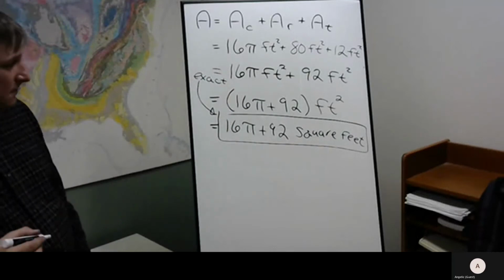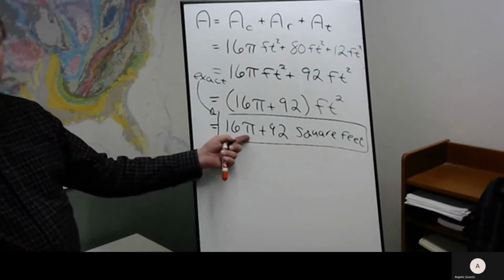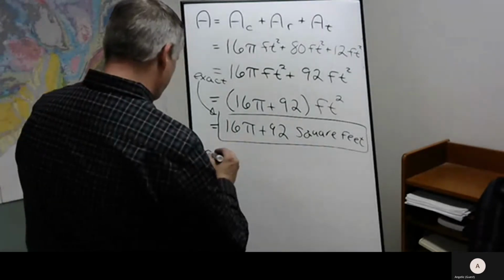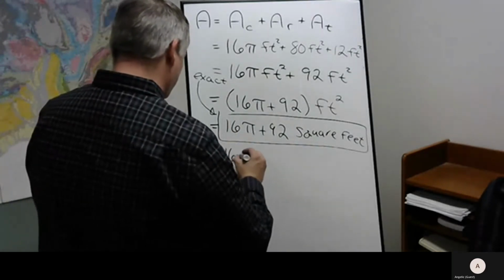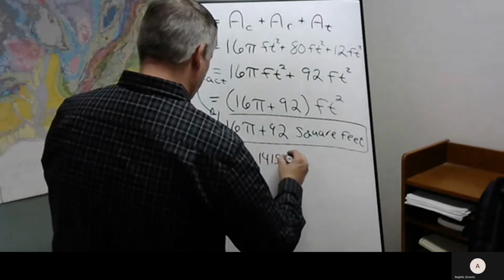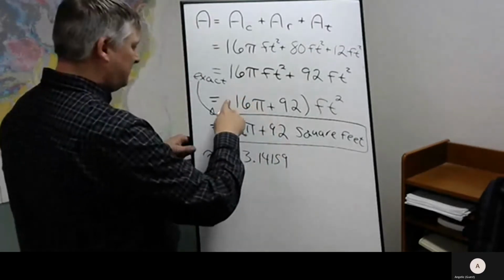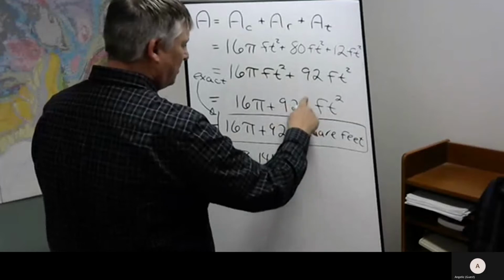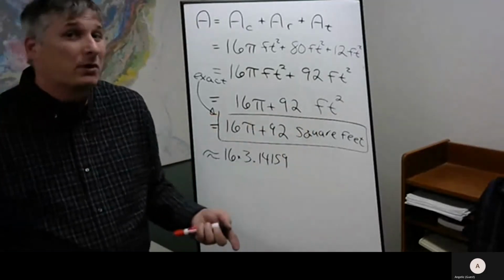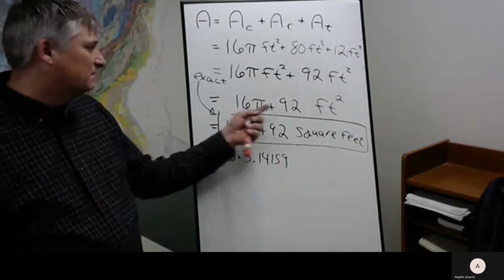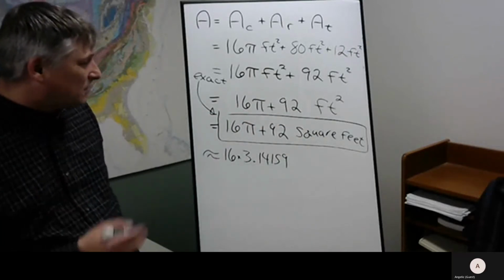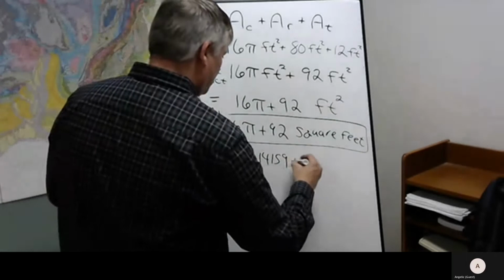What we could do is replace pi with 3.14159. If you do your answer in the homework, you'd probably leave the parentheses off here. I think it would mark you wrong. So you just leave it like this if you want. So we do this.